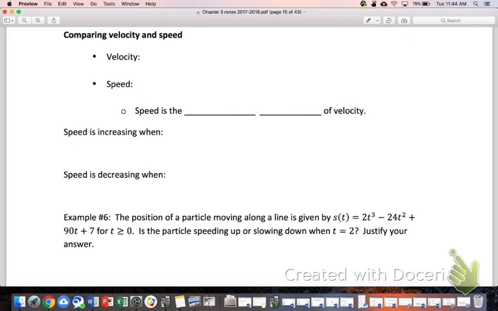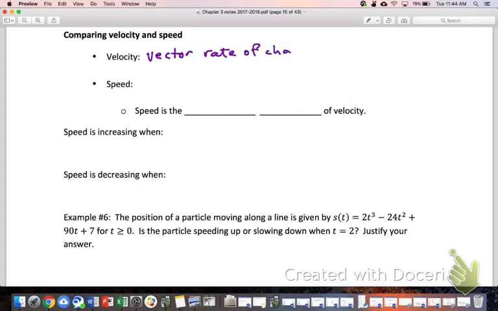Velocity. Tell me what you know about velocity. Okay, so it's a vector and it's the derivative of position, sure. So I'm going to say velocity is a vector, and I'm going to maybe say it's like the rate of change of position. Of course, that means derivative, but rate of change of position.